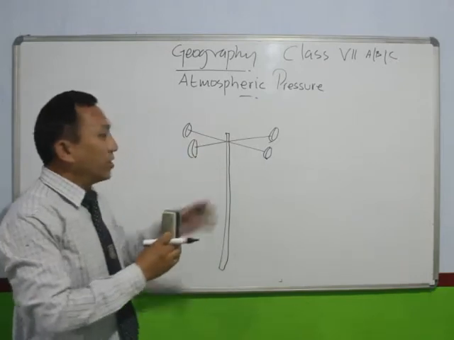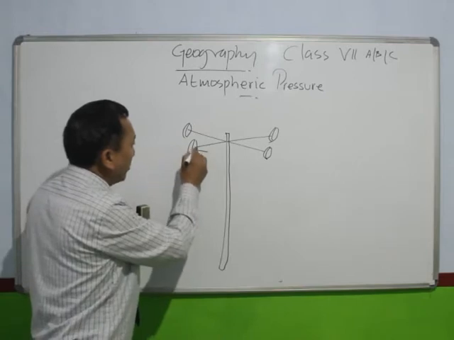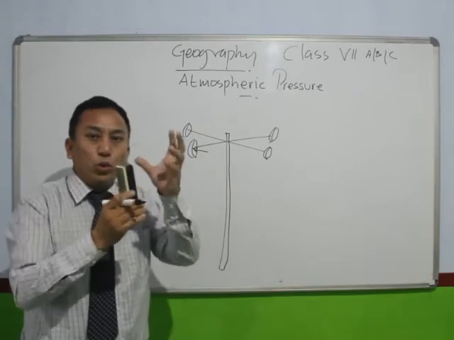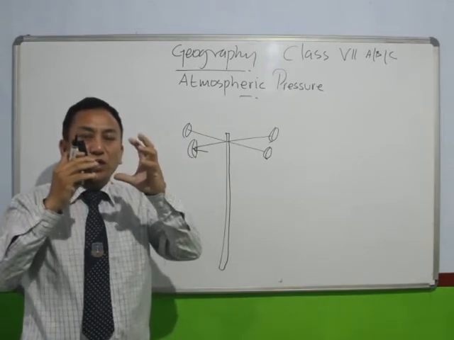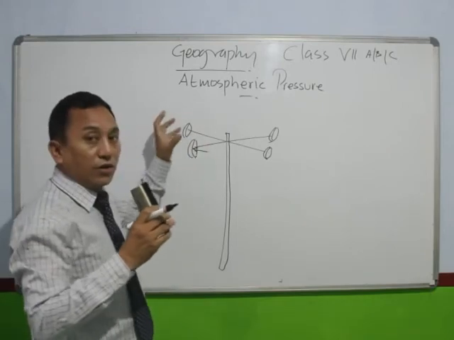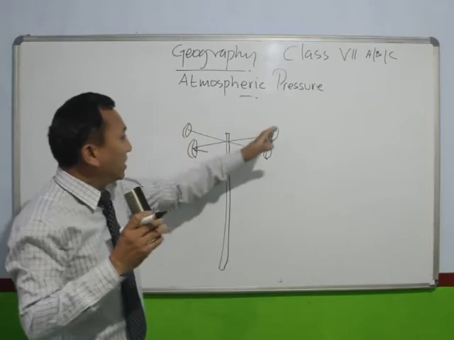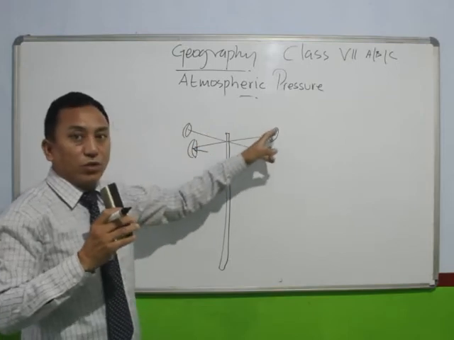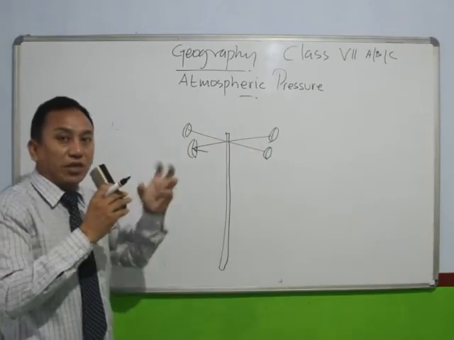So what happens is, when the wind blows, it pushes this cup, which is like a ball cut into two. When you cut a ball into two, that type of object is fitted here. It looks as if it's a ball that has been cut into two pieces.